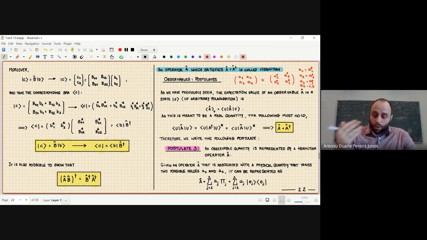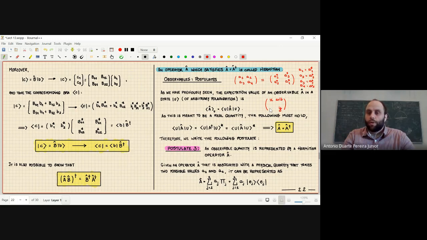So what is the conclusion of that? Well, the conclusion is that a Hermitian matrix will have this structure here. It will have a real number, x. It will have another real number, y, in the diagonal of the matrix. And in the off-diagonal parts, you're going to have something of the form A plus IB.